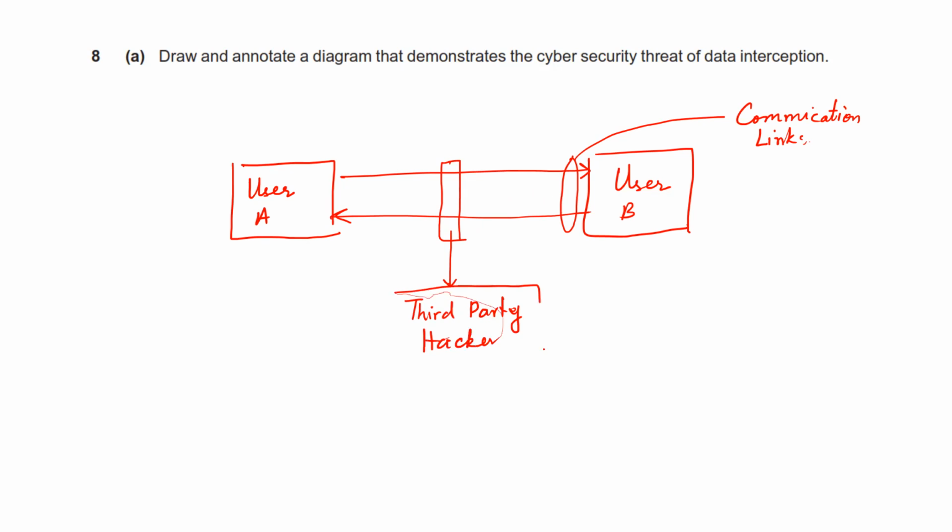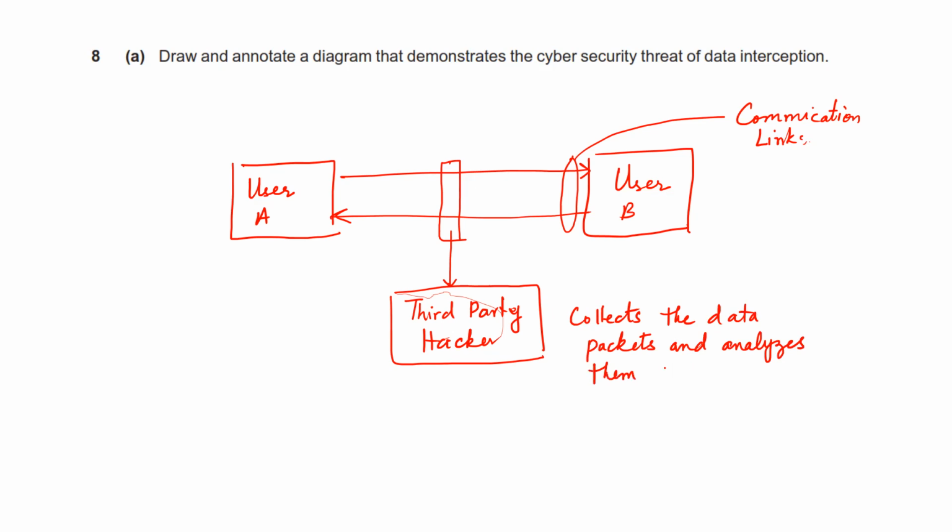The third party hacker will basically come and start collecting the packets. So third party hacker, and it basically does what? Collects the data packets and analyzes them for useful information. Okay. So this can be done by data packet sniffers.